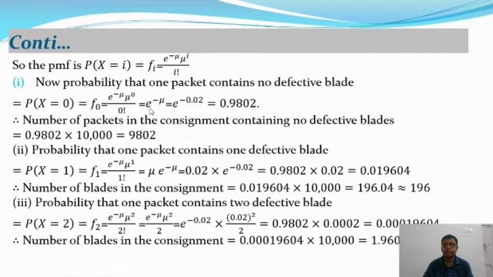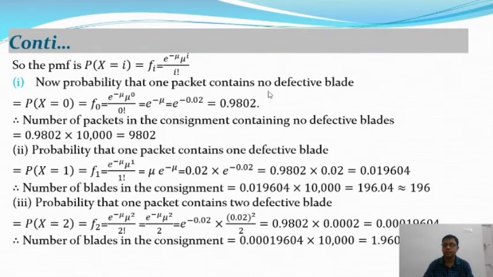From this we get e to the power minus mu, and mu is equal to 0.02, so it is e to the power minus 0.02, that means 0.9802, where the value of e to the power minus 0.02 is given. Therefore the number of packets in the consignment containing no defective blades is 0.9802 into 10,000.